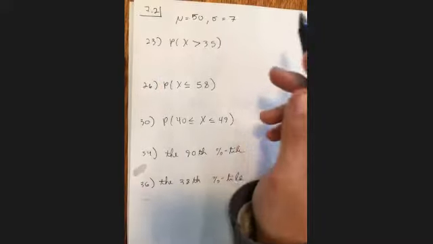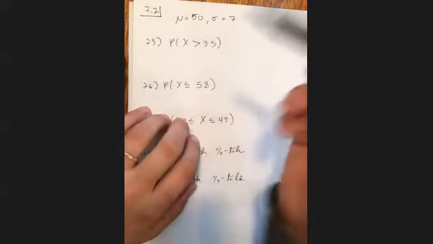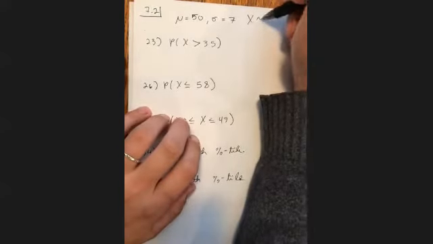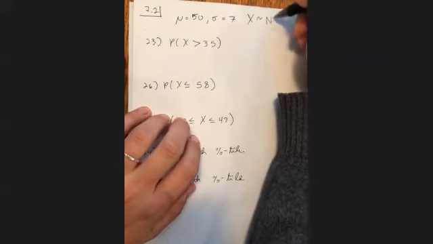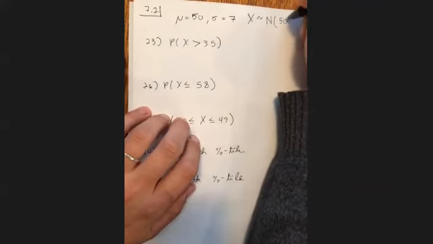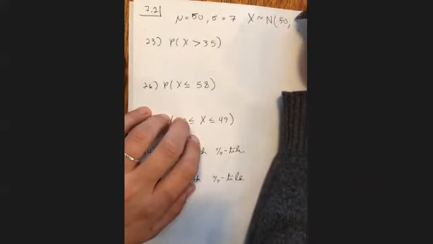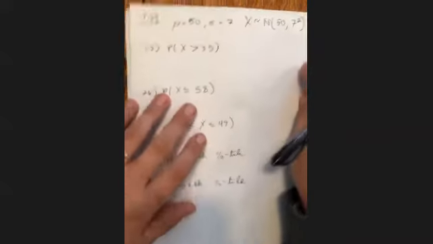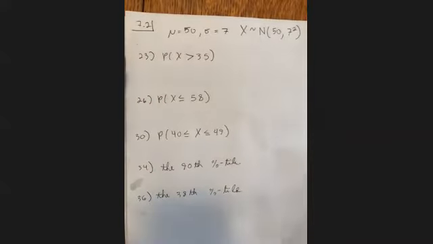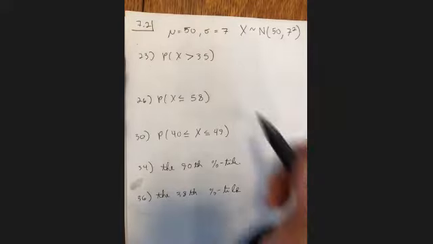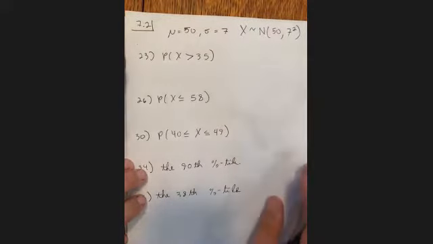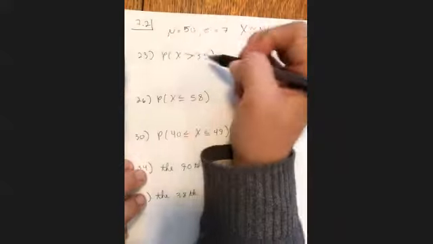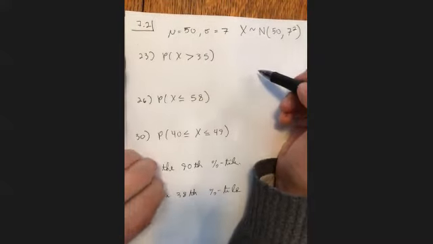So we know that X is normally distributed with a mean of 50 and a standard deviation of 7. So with that in mind, we're going to compute all these probabilities. All right. Probability that X is greater than 35.